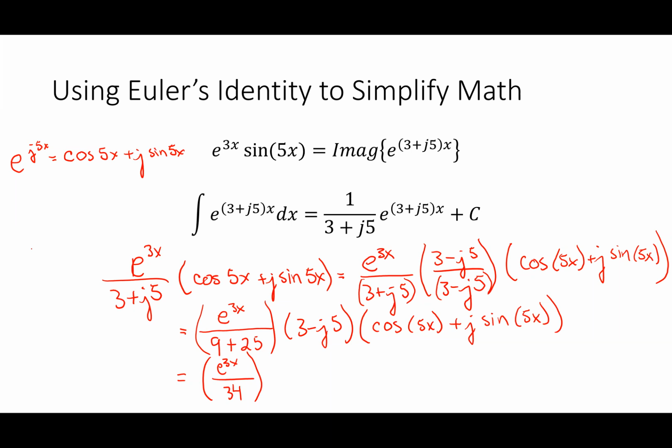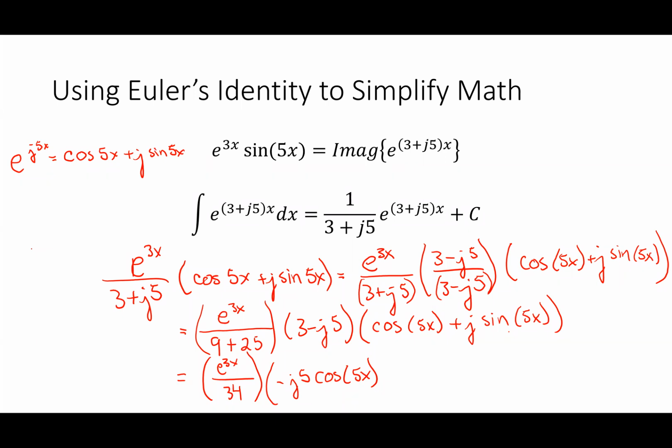So I get minus j5 times cosine 5x. What happens when I multiply minus j5 by plus j sine 5x? Turns into a real, right? Sine 5x. So I'm going to ignore it in the end, because I know that I don't need it as part of the imaginary part.